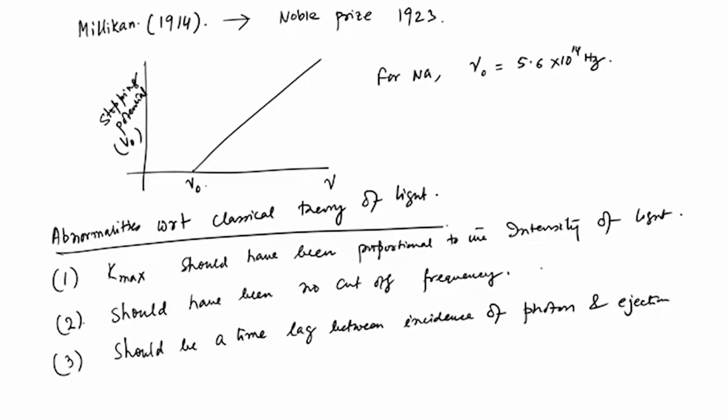And this led to a few abnormalities with regard to what we already know, and one of them is that K max should have been proportional to the intensity of light, which it is not. Any intensity that you use would have the same stopping potential. There should have been no cutoff frequency, because that is what classical theory says, and there should be a time lag between the incidence of photon and ejection of photoelectrons. None of these are seen.